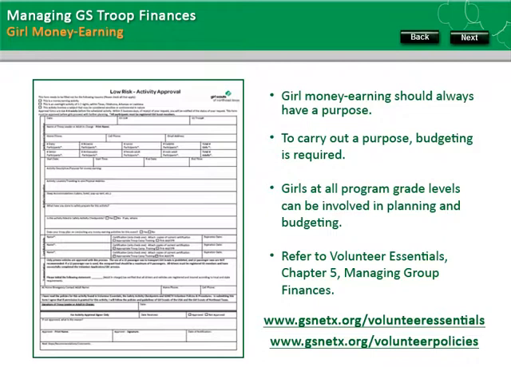Before planning girl money-earning activities, be sure to consult Volunteer Essentials, Chapter 5, Managing Group Finances at gsnetx.org/volunteer essentials for important information that will help you when working with girls at different program grade levels and keeping the right balance between money-earning activities and other girl activities.